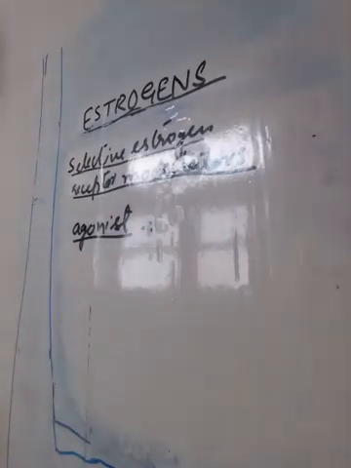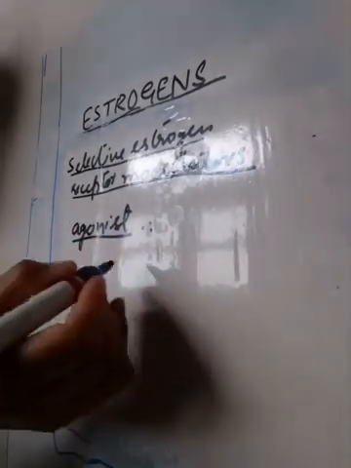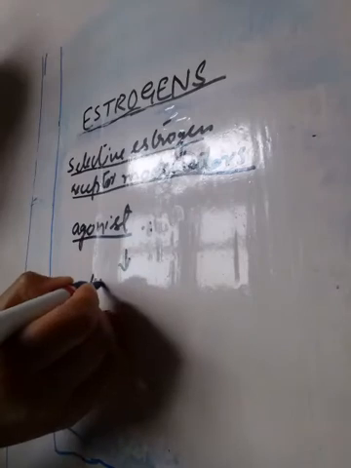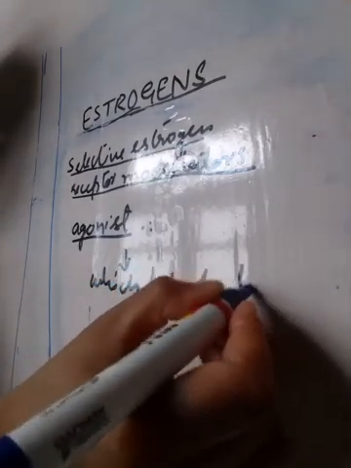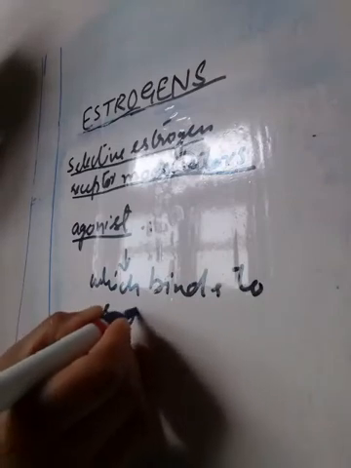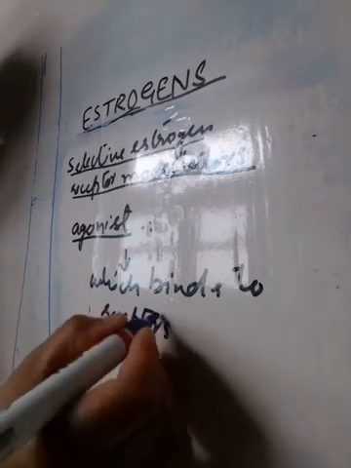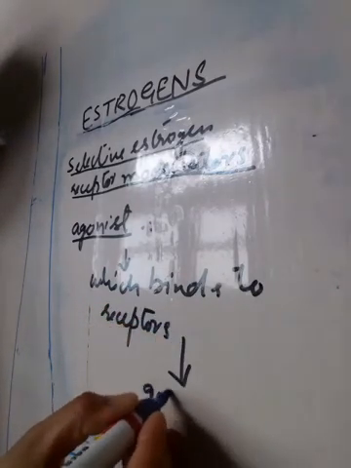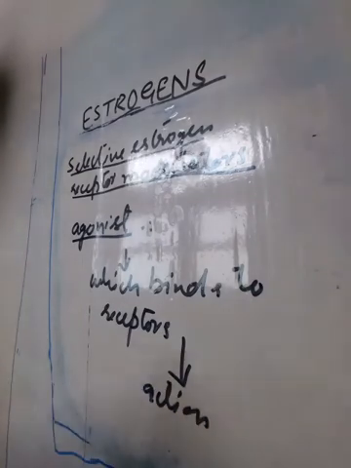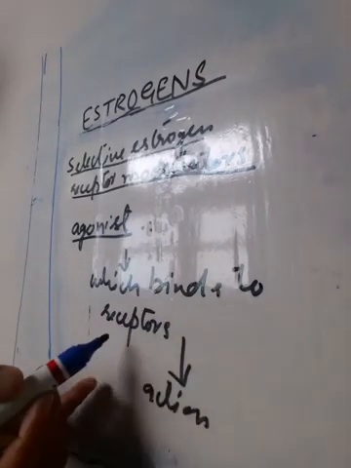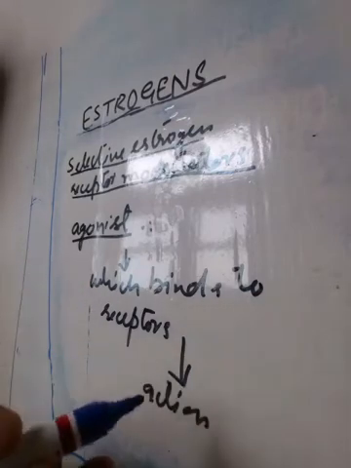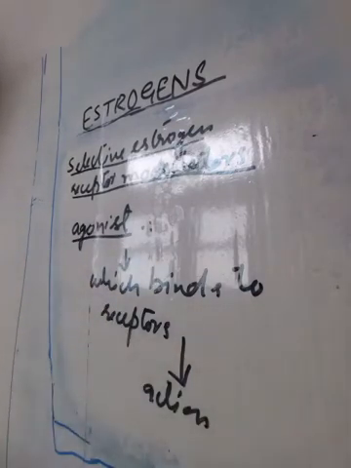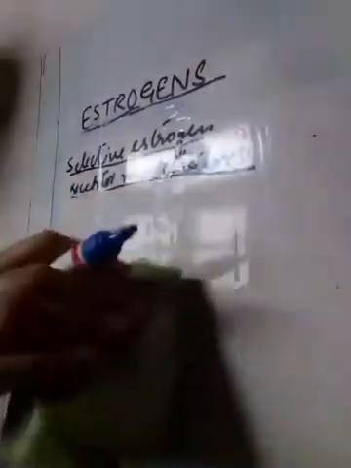Coming to the agonist. Agonist is that chemical moiety which binds to the receptors and causes action. Means a chemical substance when binds to any particular receptor, it causes an action. We call that chemical moiety an agonist. And now antagonist.